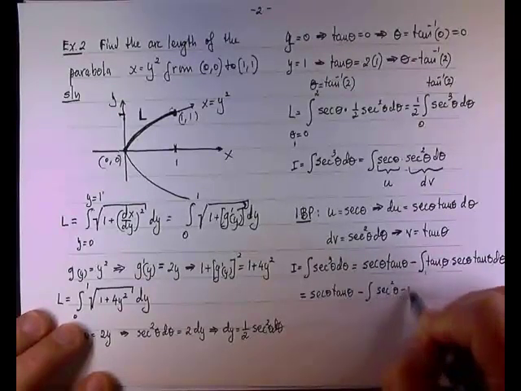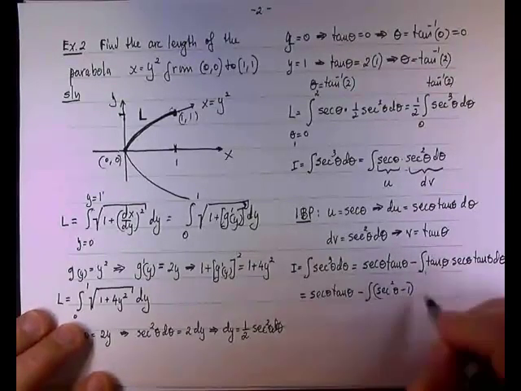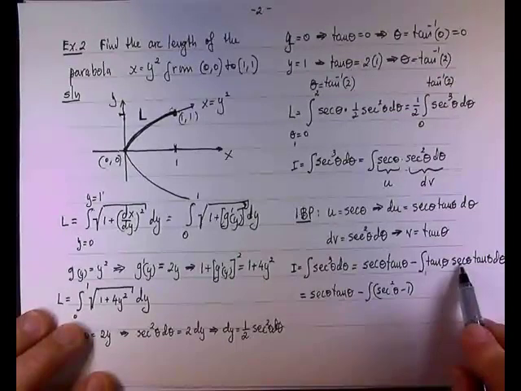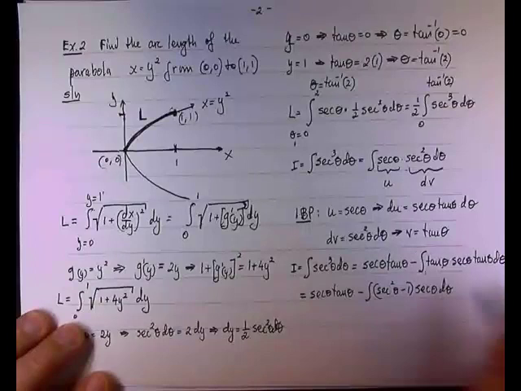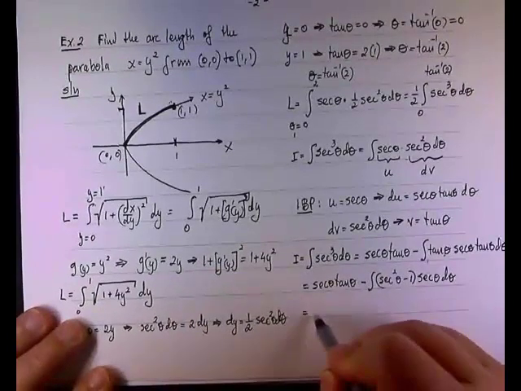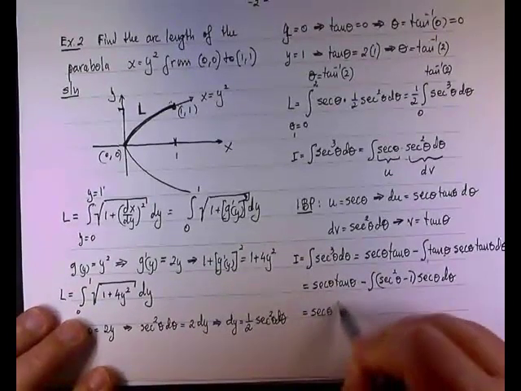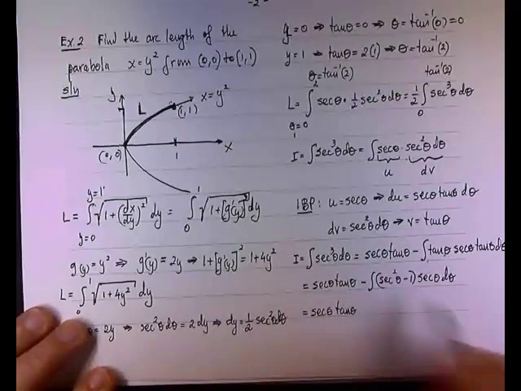So the tangent squared will be secant squared minus 1. And here I have the tangent. Here I have the secant. So continue to work here.